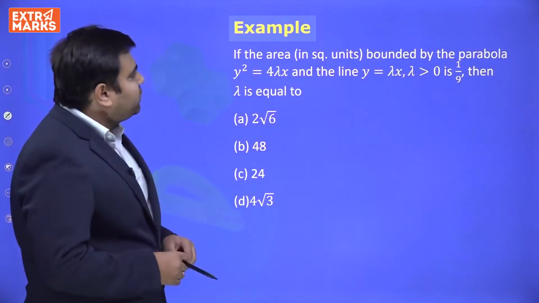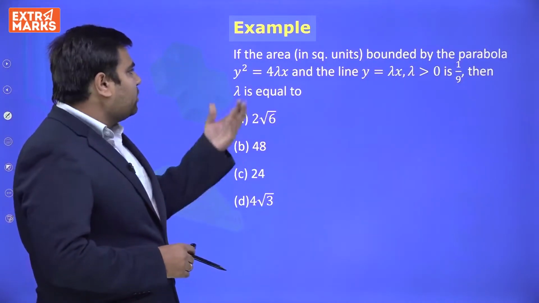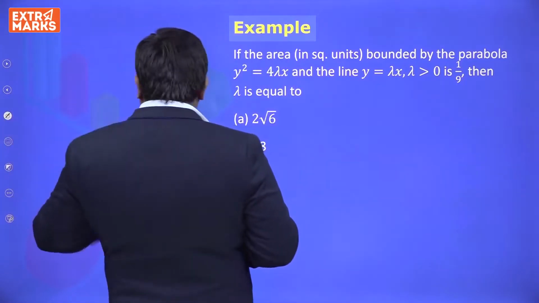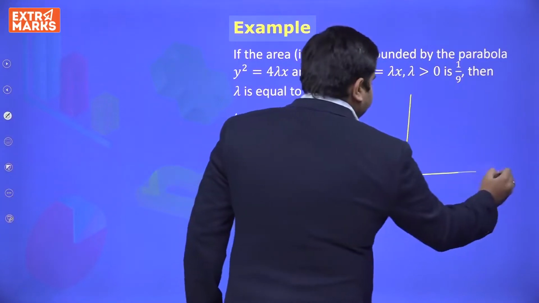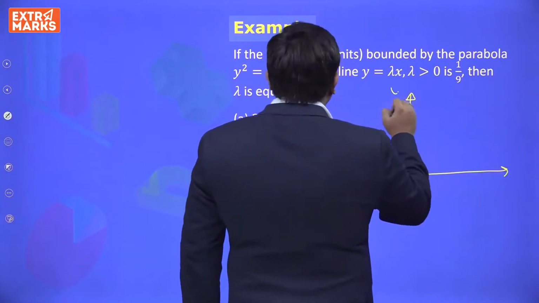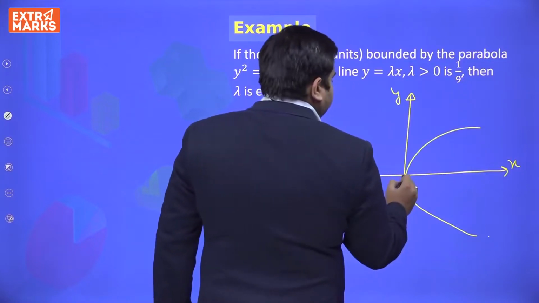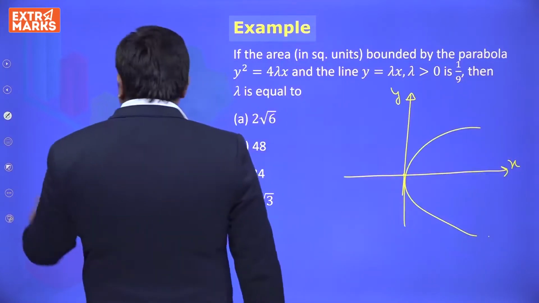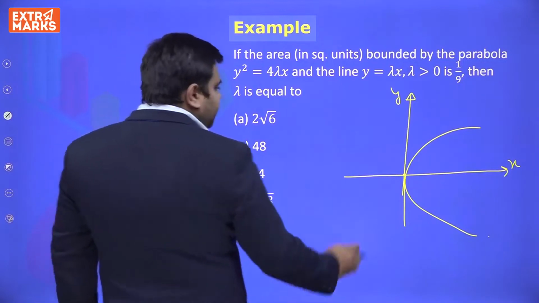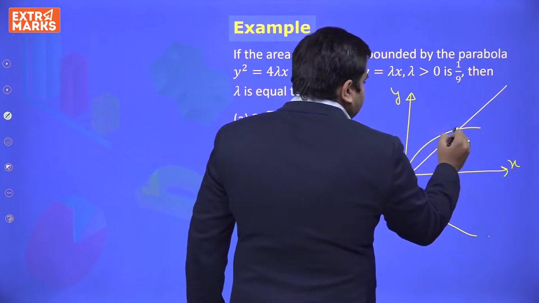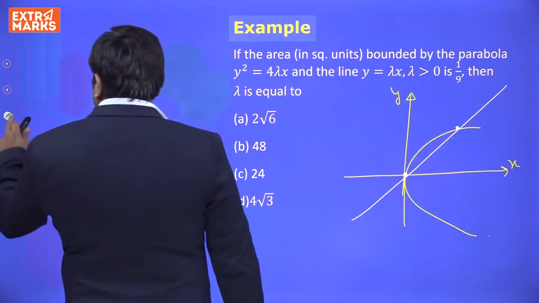So if the area bounded by the parabola y square equal to 4 lambda x, so what is y square equal to 4 lambda x? This is y, this is x. This is the parabola under consideration, and this is the line.